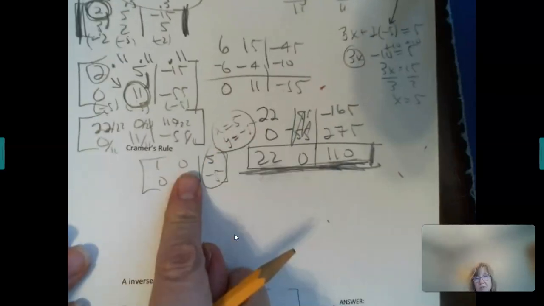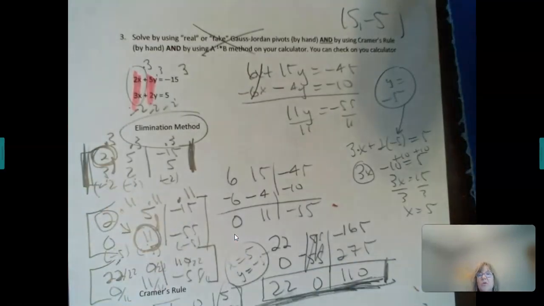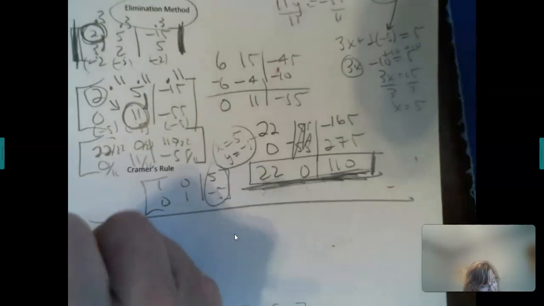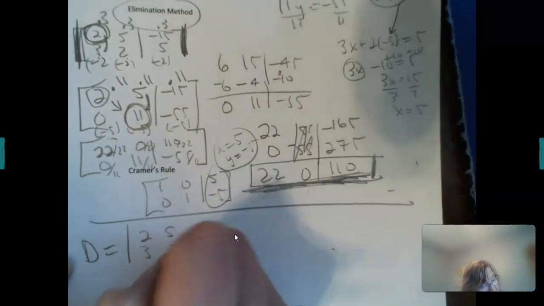Cramer's method will also give you an answer. So Cramer's is you find the determinant. Now, your determinant is just the coefficients. These are your main determinants, no x's or y's. So for D, what I like to do is write it 3 times. So 2, 5, 3, 2. The ones I highlighted, those are the coefficients.